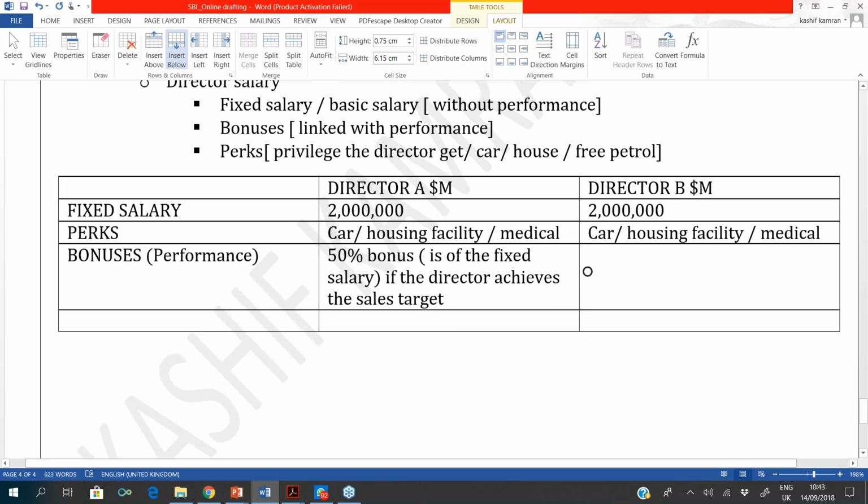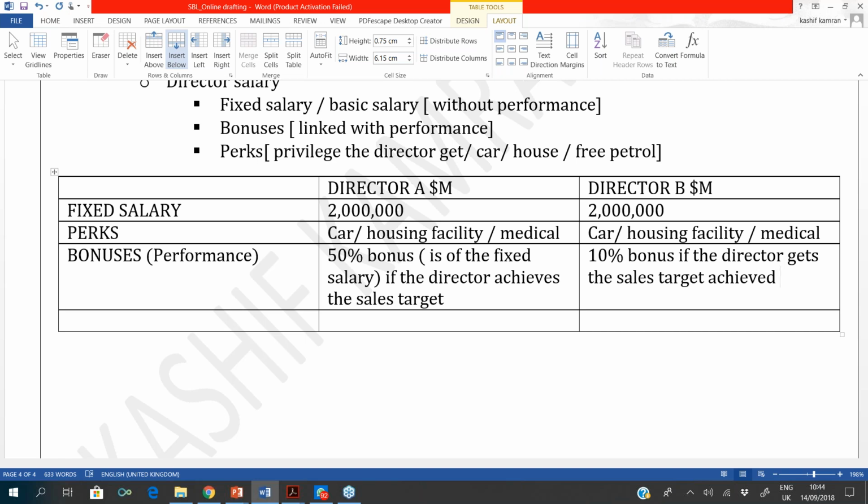And the policy for director B is that he will get 10% bonus if the director gets the sales target achieved. Now see the motivational level of both.